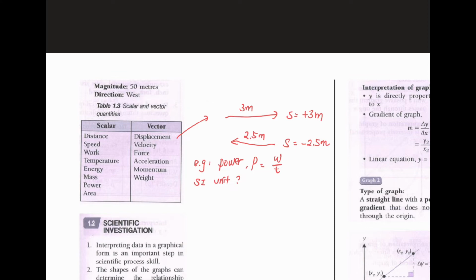So power equals work done over time. They give us a formula. So we have to know that work done is force multiplied with displacement. We have to know that force is mass times acceleration.